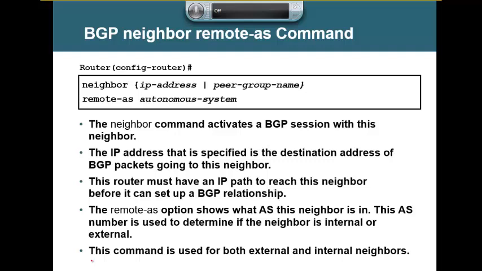In Cisco, this type of confusion is there. You need to know that remote AS is not a command only for EBGP, it is also for IBGP. It's both for internal and external. It's the same remote AS.